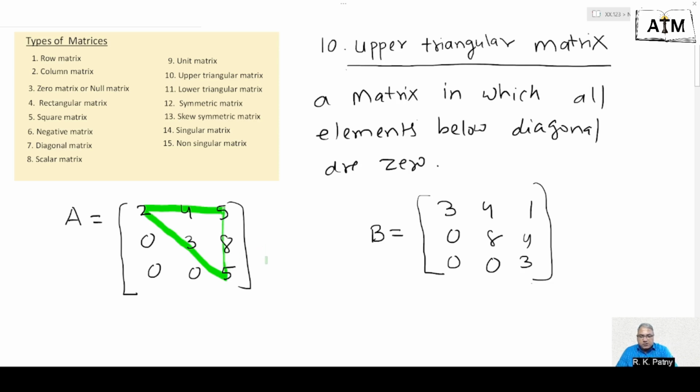Therefore it is called an upper triangular matrix. And below the diagonal, all the elements are 0. One more example, in matrix B, if you trace all the elements from the diagonal, you will get a triangle. And below this triangle, all the elements are 0. Such type of matrix is nothing but called an upper triangular matrix.